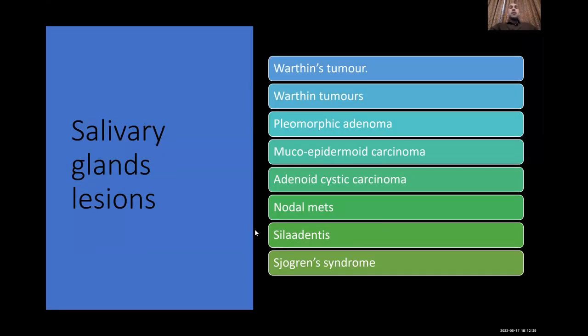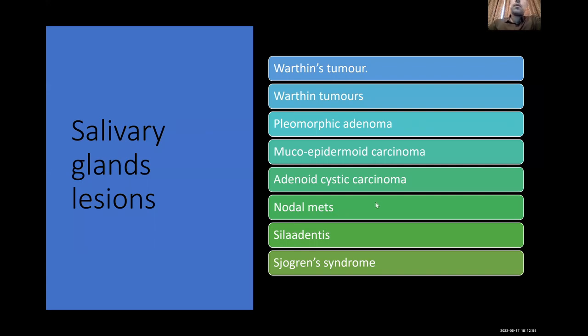Okay, let's start with the lesions. This is the most important pathology in the salivary glands, because I don't like to distract you. You don't need more than these topics to do well with the salivary gland in the exam.